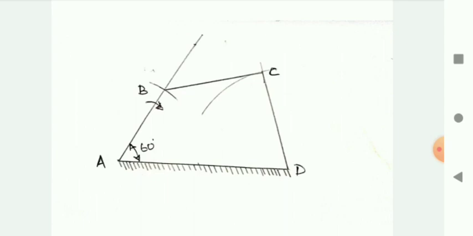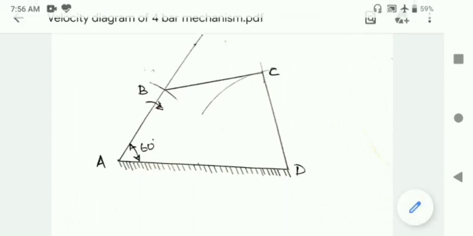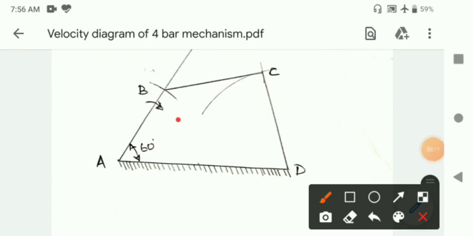Also, you have to indicate the direction of rotation, whichever is given in the question.